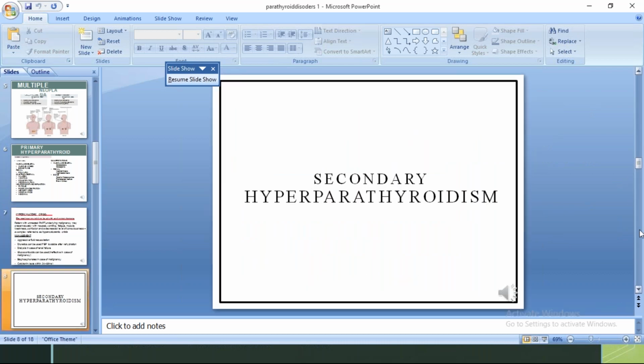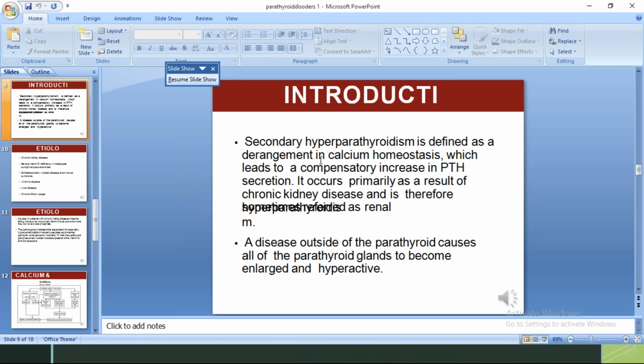So coming to secondary hyperparathyroidism, the derangement in calcium homeostasis leads to a compensatory increase in PTH secretion. It is most commonly due to chronic kidney disease. It is secondary because a disease which is outside the parathyroid causes the parathyroid glands to become hyperactive.